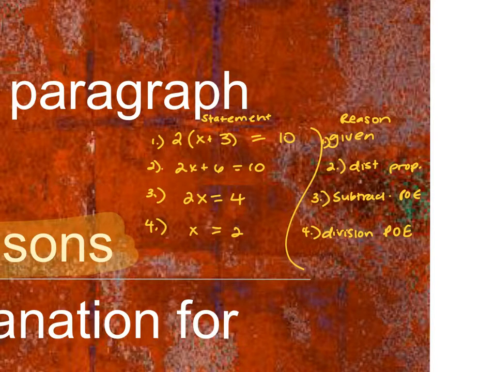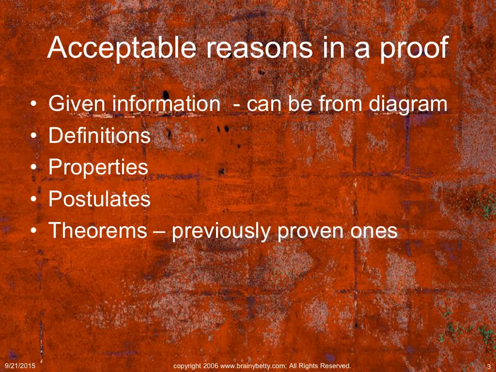The difference is that you were doing them with an algebraic equation, and now we're going to do them with shapes and objects. So left side statements, right side reasons. All right, so what are acceptable reasons in a proof? The things that you can write on the right side. Obviously given can be from the actual statement, information they give you, or if you're given a diagram and you can write things about a diagram, all of those reasons would be given.